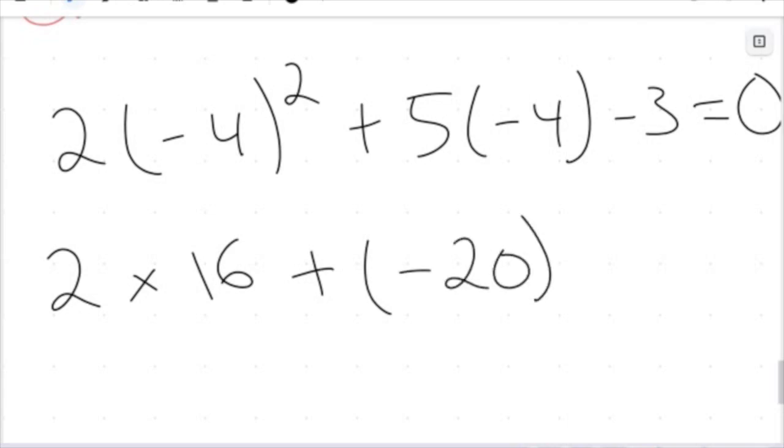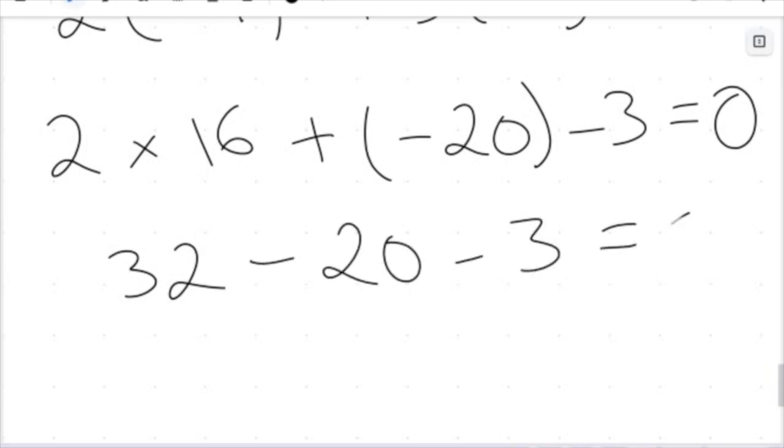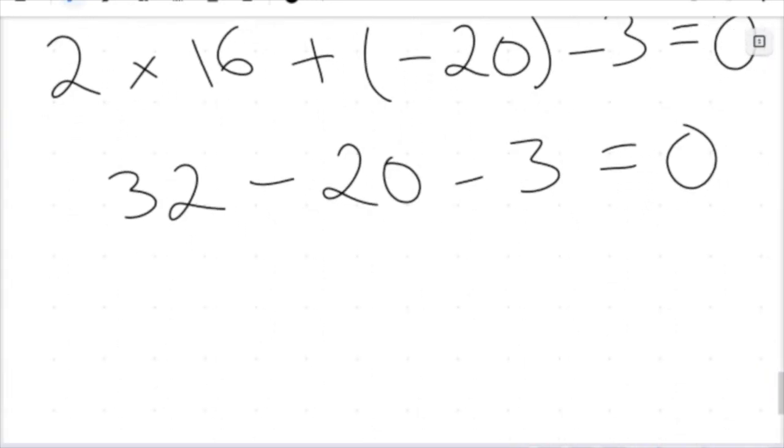So that's going to give me minus 20. And minus 3 equals 0. So if I simplify this, 2 times 16 gives me 32. Plus minus 20 is the same as writing minus 20, minus 3 equals 0. And when I do all of this, this gives me 9.